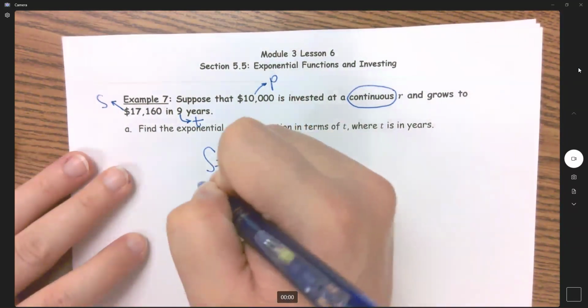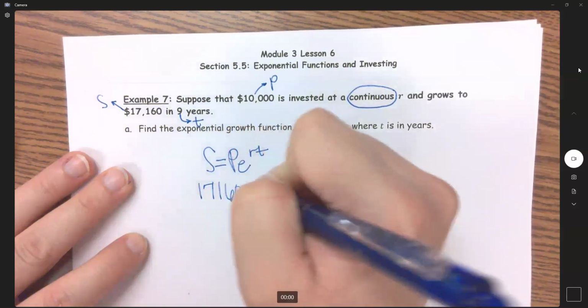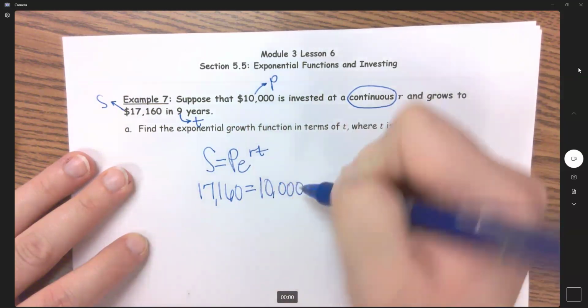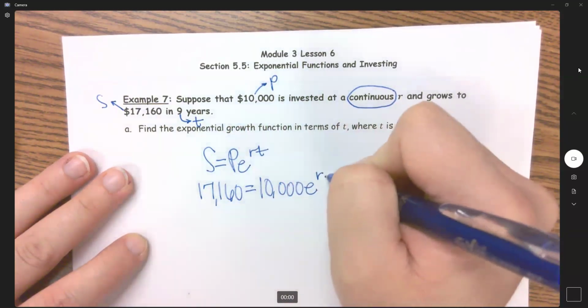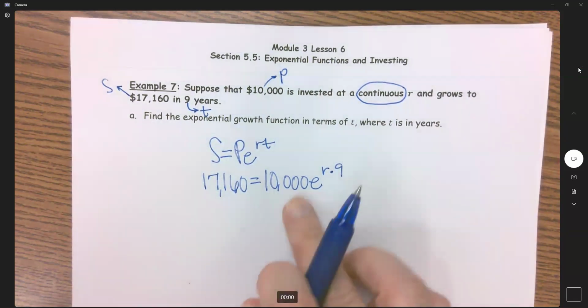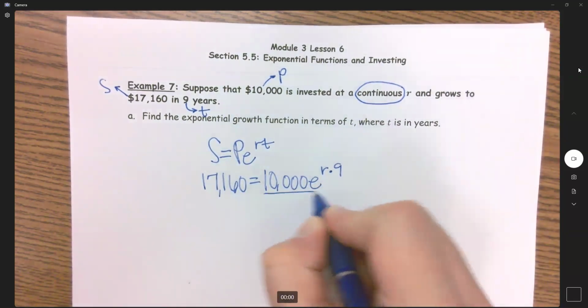So plugging everything in, we get this right here. So follow your steps. Isolate, rewrite, solve. Isolate the exponential by dividing this over first.